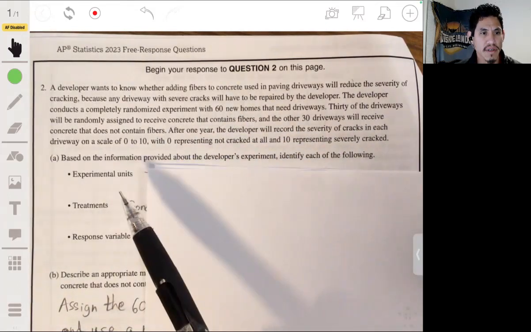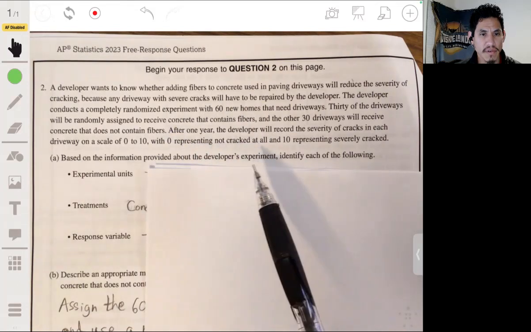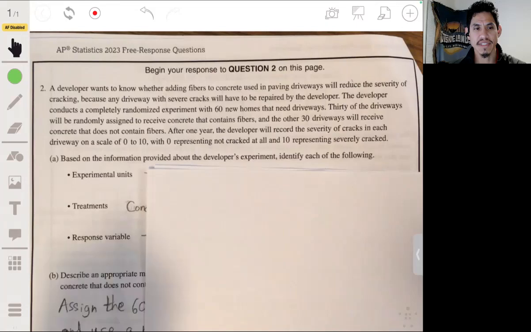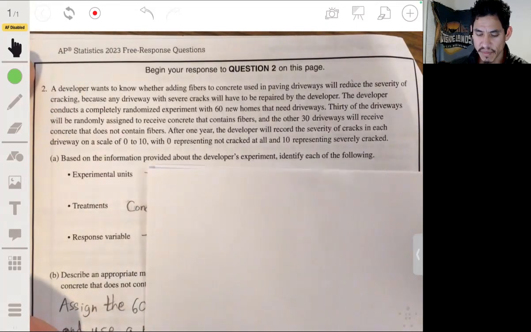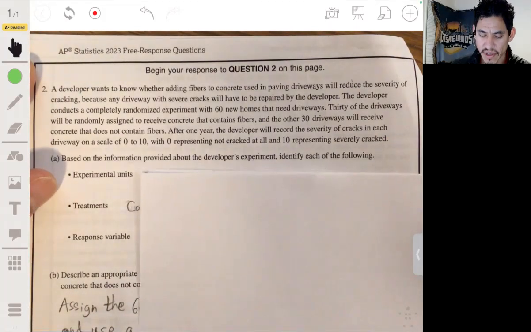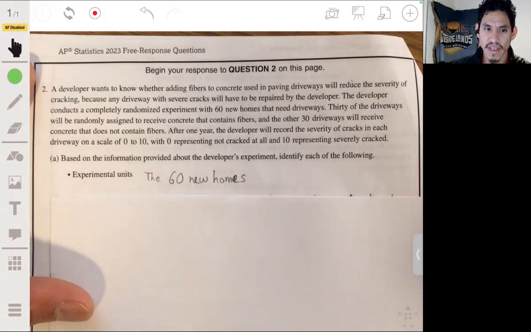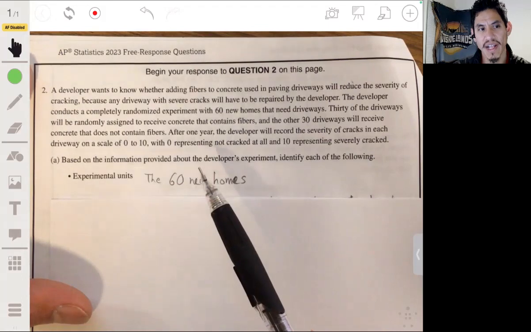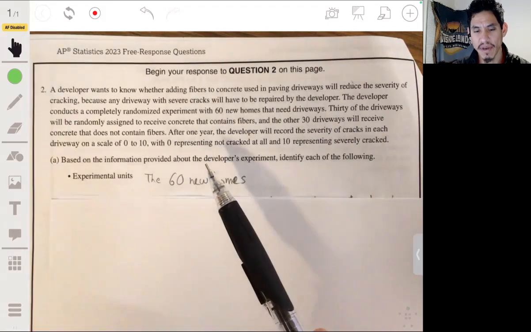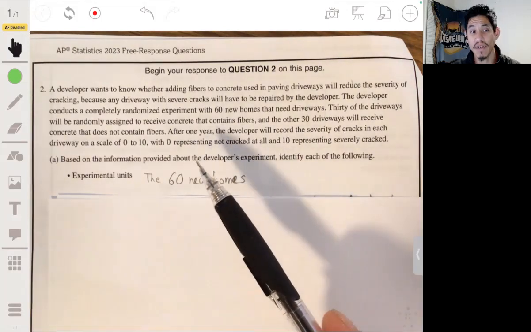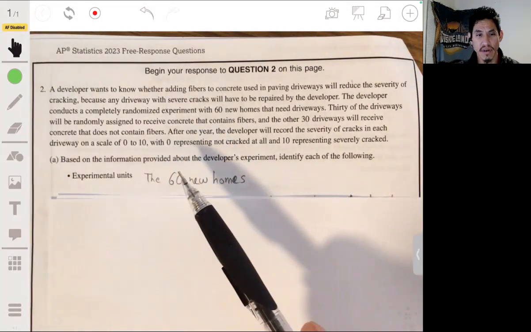Okay, part A. Based on the information provided about the developer's experiment, identify each of the following. Okay, so I'm going to sense that this is going to be a big question of debate, and I'm going to put my reputation on the line, how much I know about stats, but the experimental units are going to be the 60 homes.